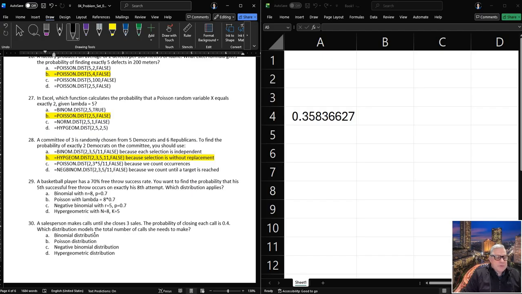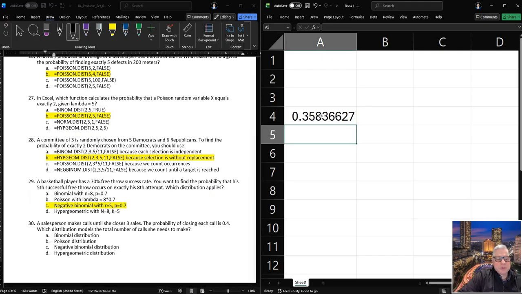So that implies that he missed 3 before. It could be the first 3. So let's say the player misses the first 3, 1, 2, 3 are misses, then 1, 2, 3, 4, 5. So that's another 5 hits in a row. And that is, of course, the negative binomial.